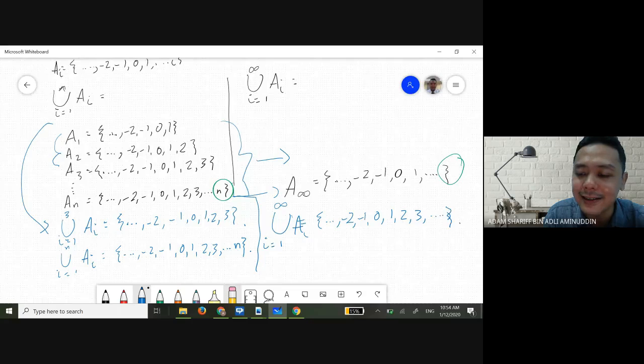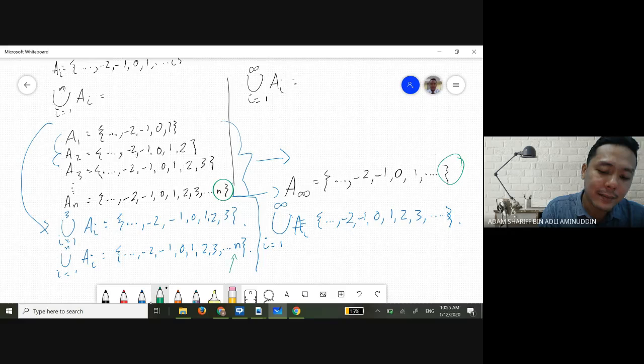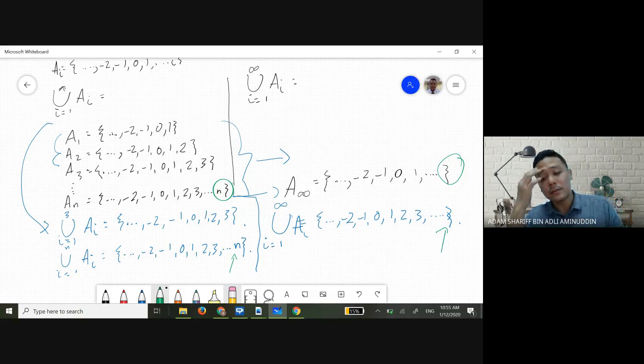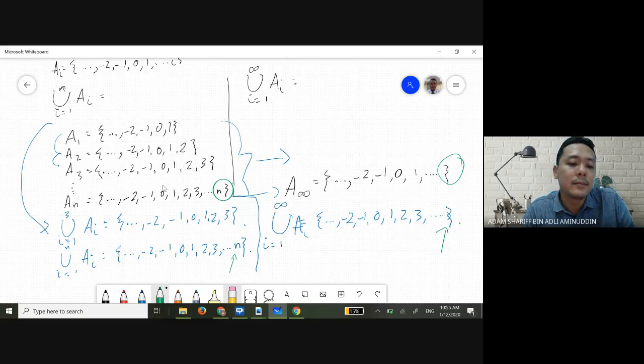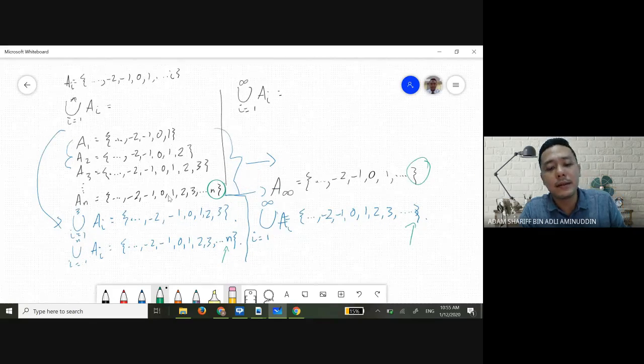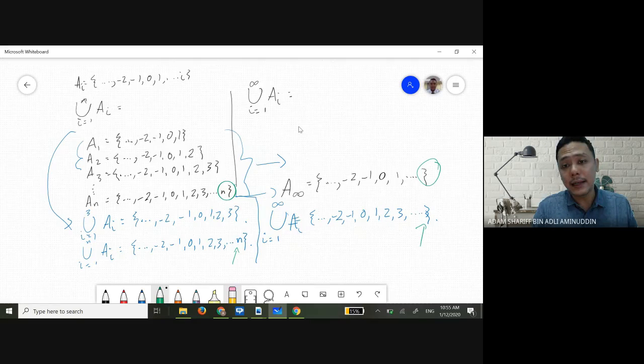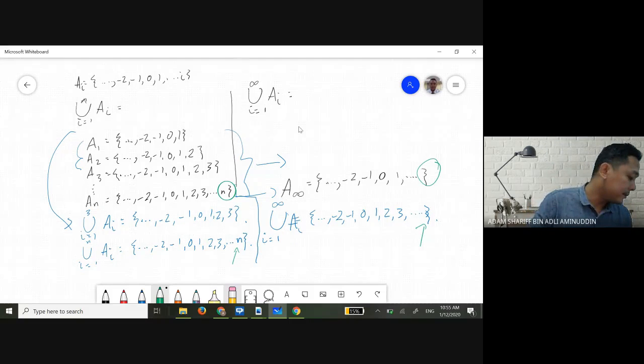Tak ada dah. Tak ada penghujung. The difference is at this part. Soalan ni saya tak pernah buat. Depends on the set function ya. Ada soalan setakat ni? You have any question for the time being?